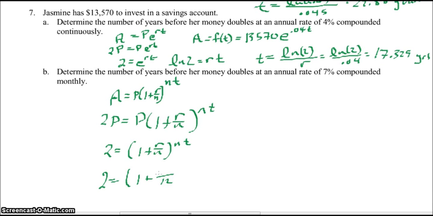The rate is 0.07. 12t. Now we can solve this for t by taking the natural log of both sides, bringing down the 12t.